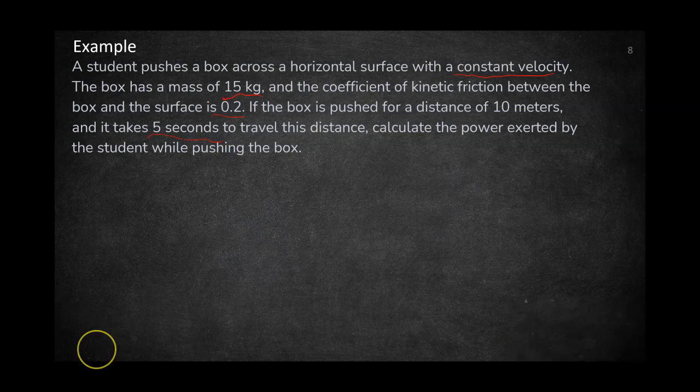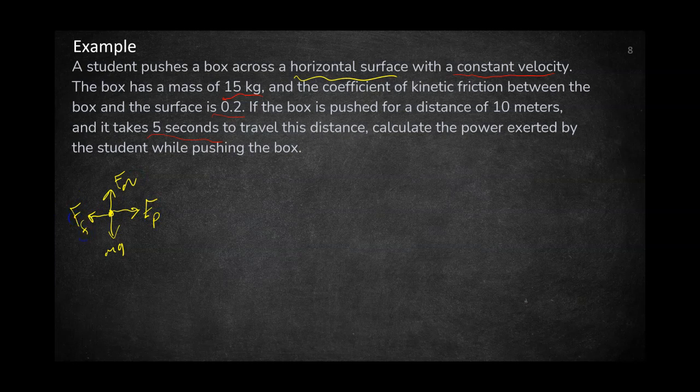For this problem, because we're trying to calculate the power exerted by the student, we can consider the forces acting on the box. This is a horizontal surface, so we know the weight force equals the normal force. And we have this push force by the student with a frictional force in the opposite direction.